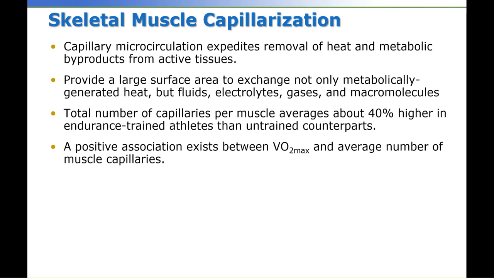Skeletal muscle capillarization. Capillaries are for microcirculation. They expedite removal of heat and metabolic byproducts from active tissues, and provide a large surface area to exchange not only metabolically generated heat, but fluids, electrolytes, gases, and macromolecules. The total number of capillaries for muscle averages about 40% higher in endurance-trained athletes than untrained counterparts, which isn't surprising because they are using the oxidative system.